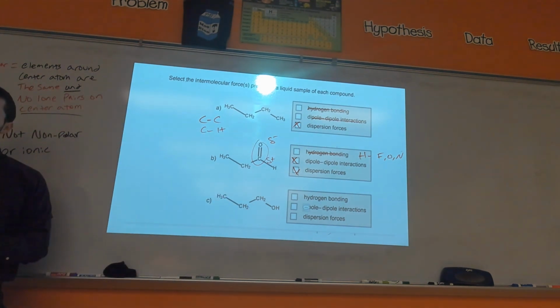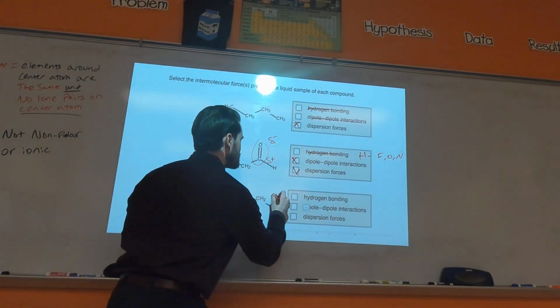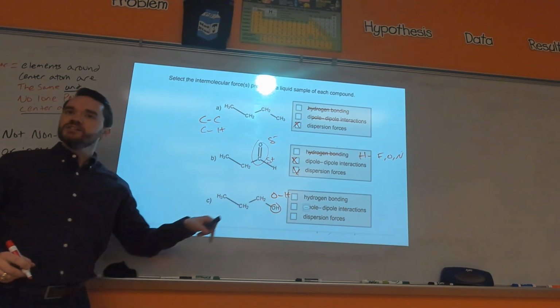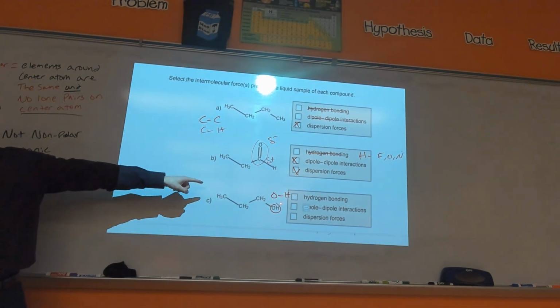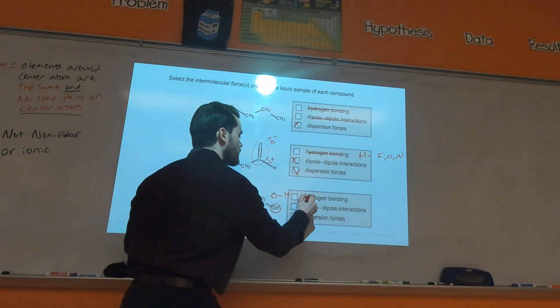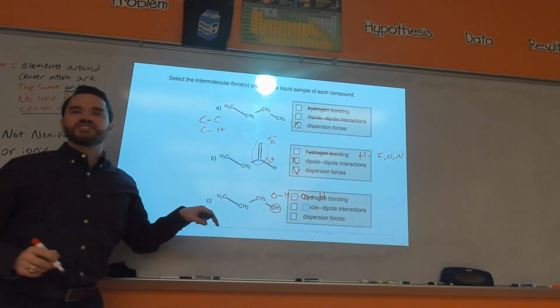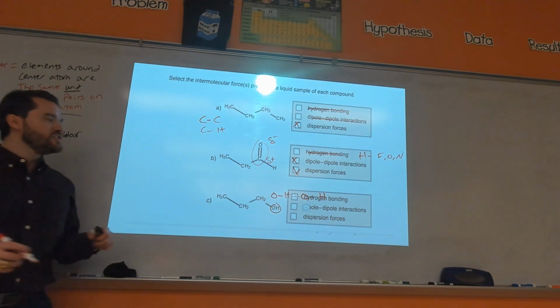All right, coming over here. With this molecule, would it show hydrogen bonding? It would. This right here, this is an oxygen to hydrogen bond. So that would be a hydrogen bond. If you had another one of these molecules, this could then form hydrogen bonding. This could then form that partial attraction right there that we call a hydrogen bond. So that would be true.